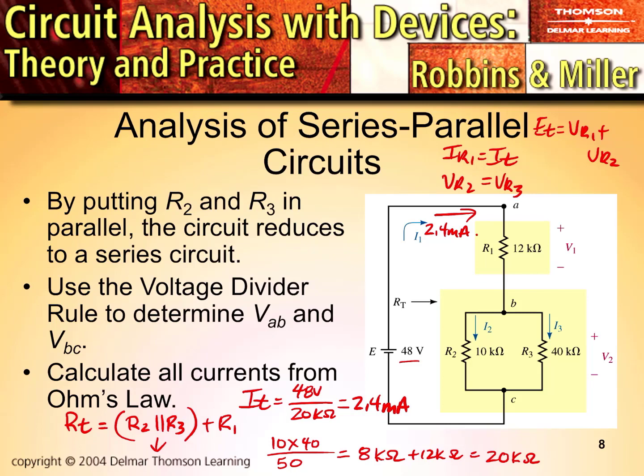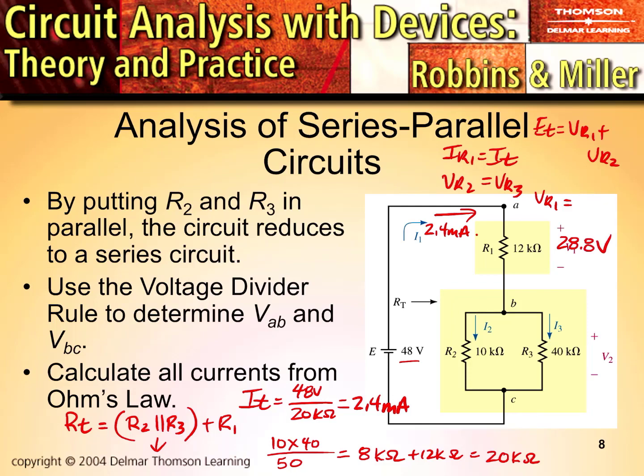So let's take a look here and let's calculate that value. So that means that VR1 is going to equal 12K times 2.4. Okay, so now we have 28.8 volts.